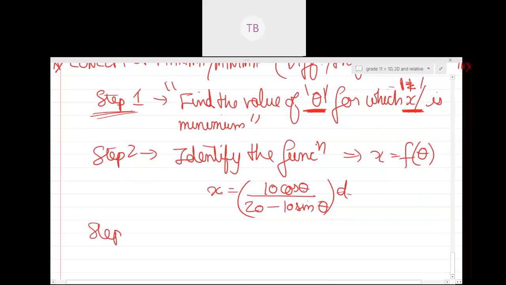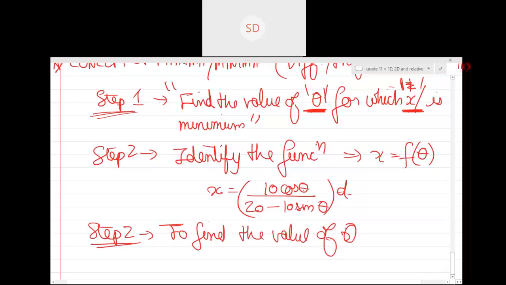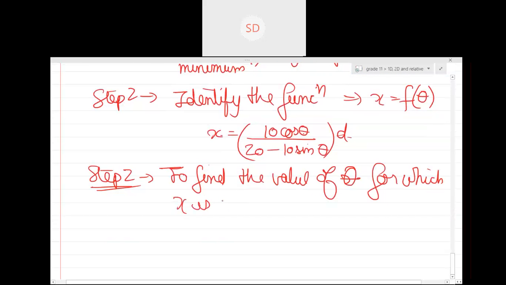Now here, to find the value of theta for which x is minimum or maximum, so can you see, we need to find out that value of theta for which x is minimum or maximum.